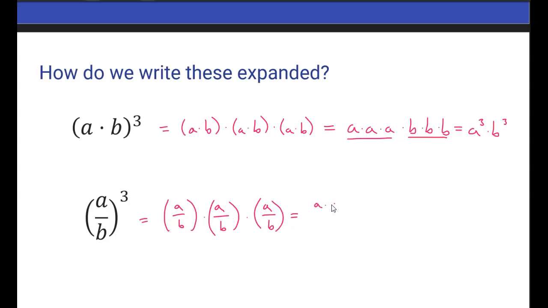So we get a times a times a on top, and b times b times b on the bottom. Once again, we can simplify that notation and call this a to the 3rd over b to the 3rd. So yeah, it did work. We can distribute this exponent over division.